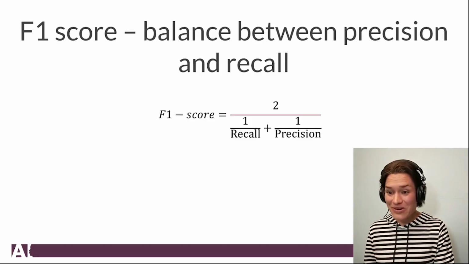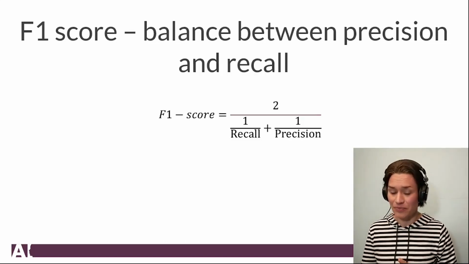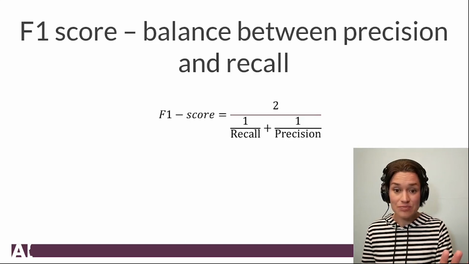F1 score is a balance between precision and recall. It's 2 divided by 1 over recall plus 1 over precision, or you can also say it's the so-called harmonic mean of precision and recall. In the upper part you would have recall times precision, and in the lower, recall plus precision. Anyway, that's beyond my current mathematical capabilities.